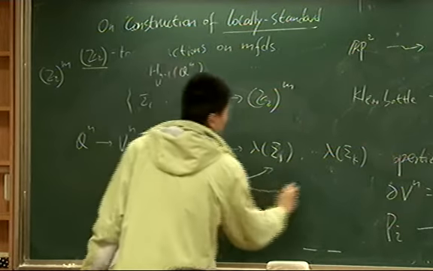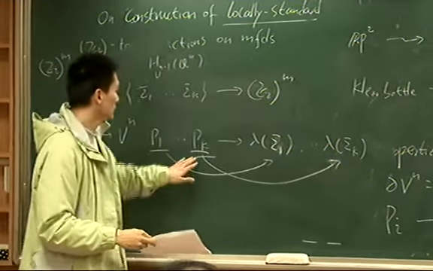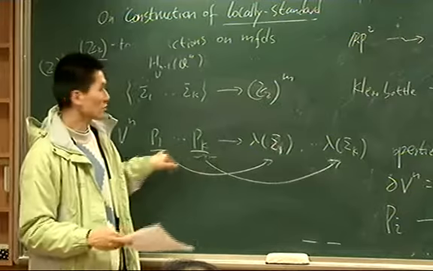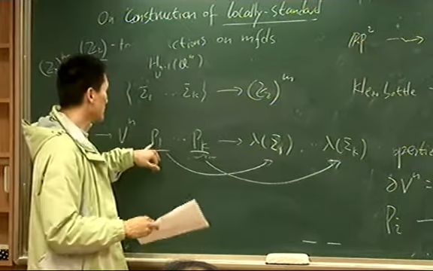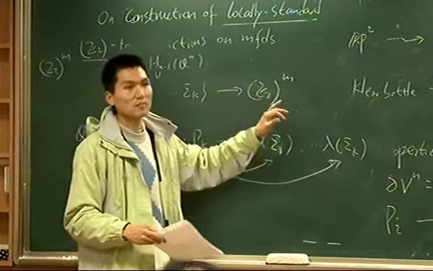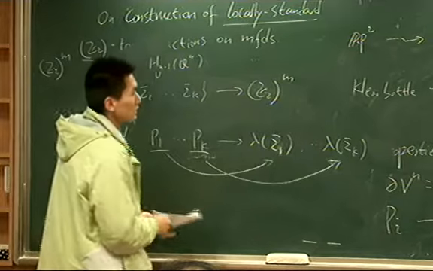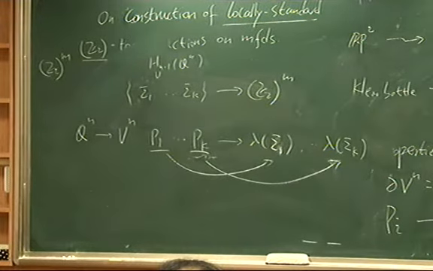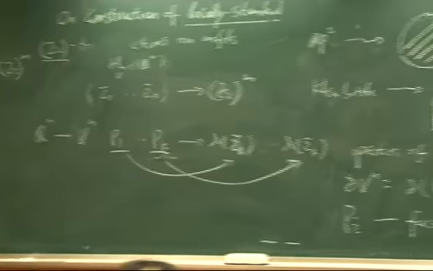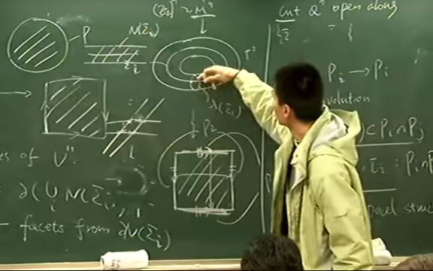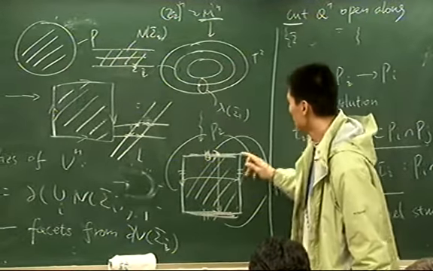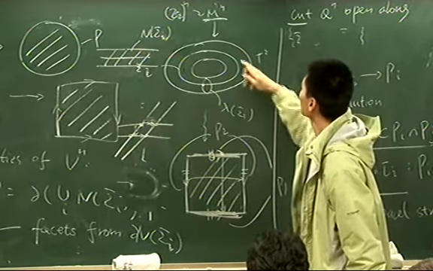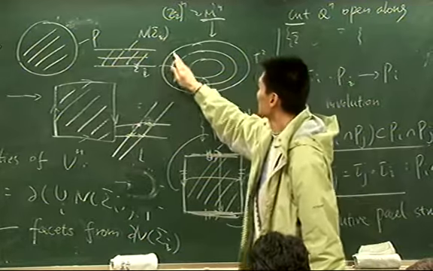We assign the color to each of the corresponding panels, I mean all the facets in Pi are colored by lambda sigma i. So in this picture, these two edges are colored by lambda sigma 1, and these two edges are colored by lambda sigma 2.